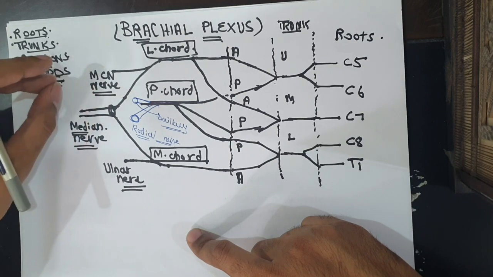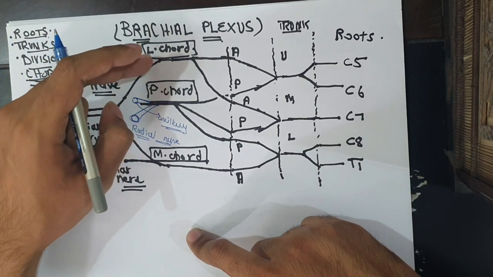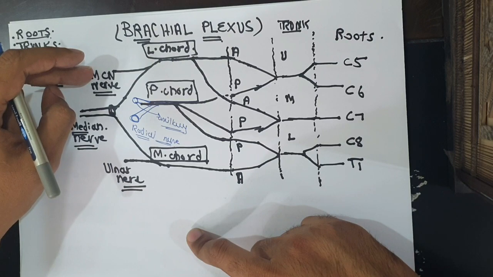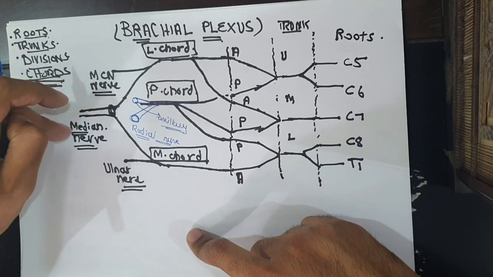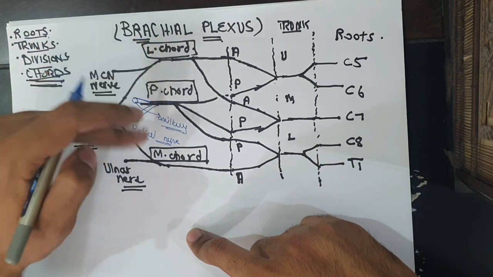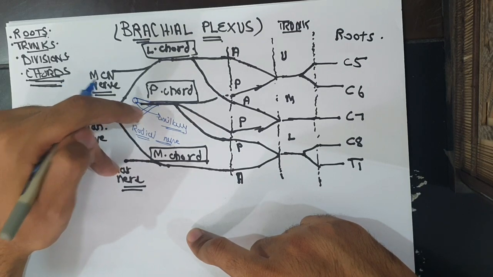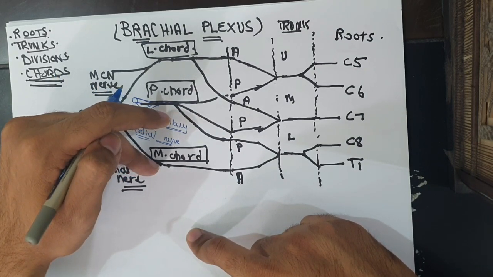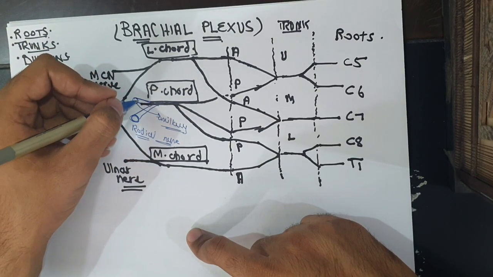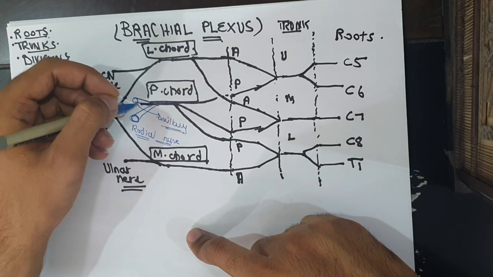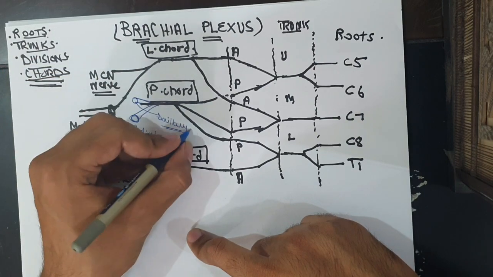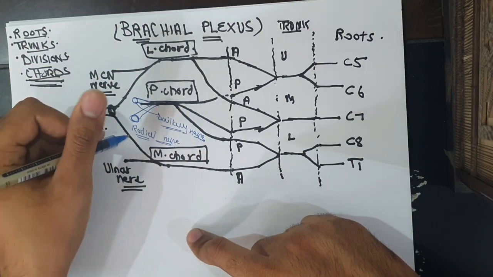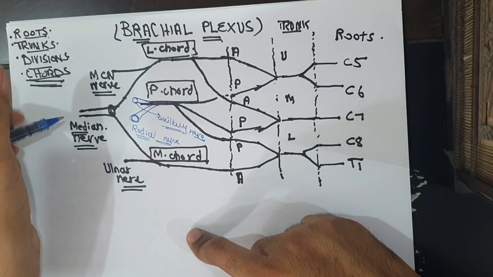Before the formation of the median nerve from the lateral cord, we get the musculocutaneous nerve, and before the formation of the median nerve from the combination of lateral and medial cord, we get the ulnar nerve from the medial cord. And the posterior cord gives us the axillary nerve and the radial nerve as its terminal branches.